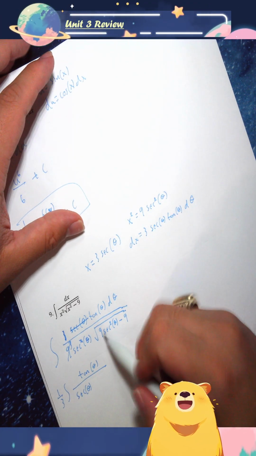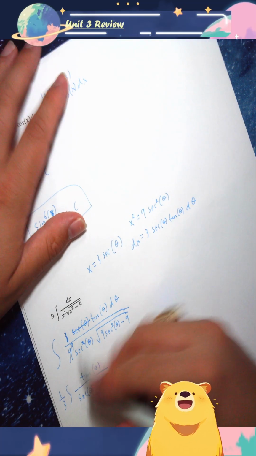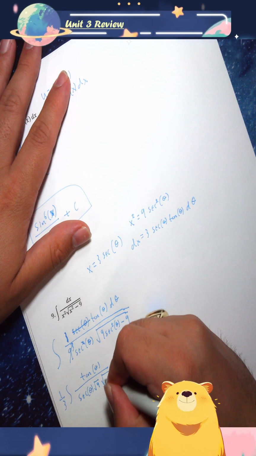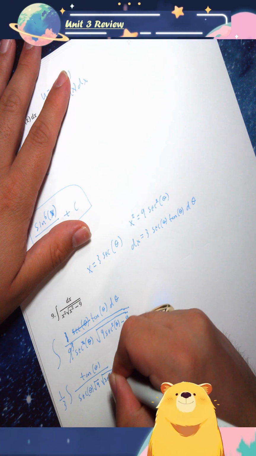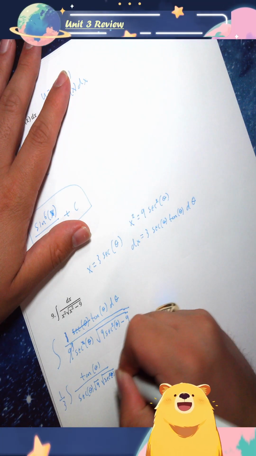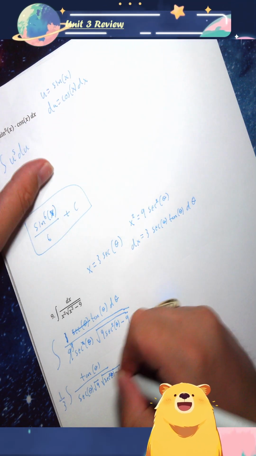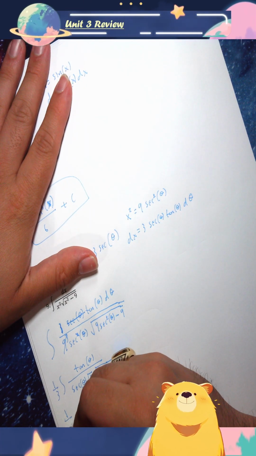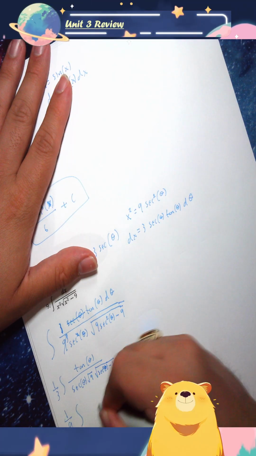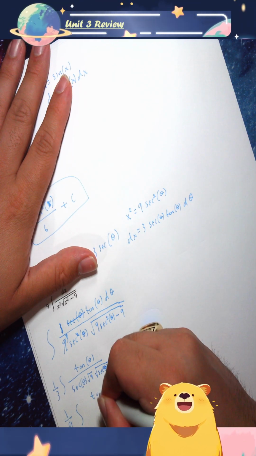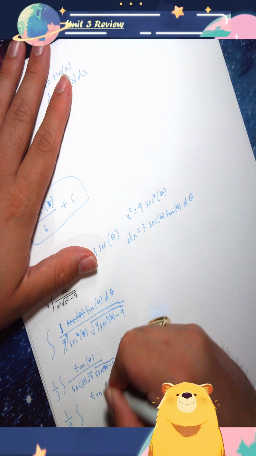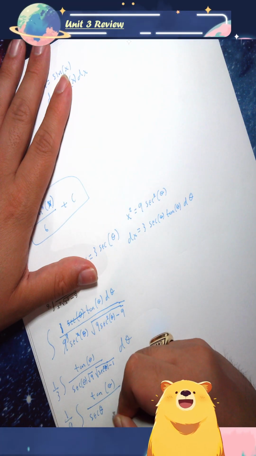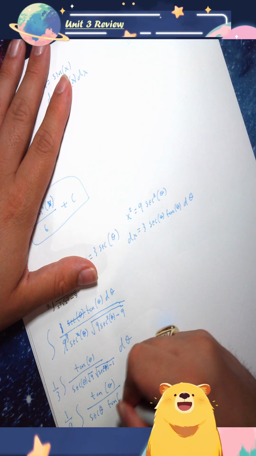So 1 over 3 tangent theta over secant of theta. And then the square root of 9 can escape. Secant squared of theta minus 1, that's all just going to become tangent. So tangent, oh, we have d theta over secant of theta, tangent of theta.